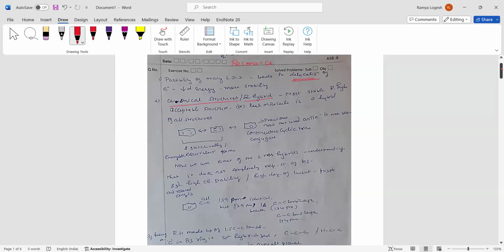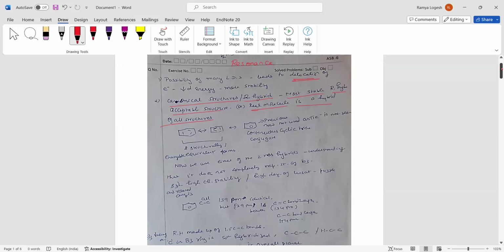So many structures are there. Out of them, what do I mean by a canonical structure? The most stable resonance hybrid, the acceptable structure or real molecule, is a hybrid of all these structures. So generally, if I say this is the resonance hybrid, that means there are so many structures where I just keep shifting the electrons throughout this ring or throughout this molecule.